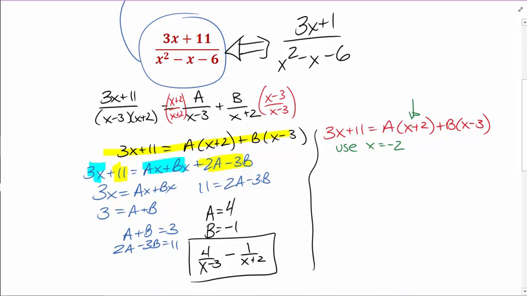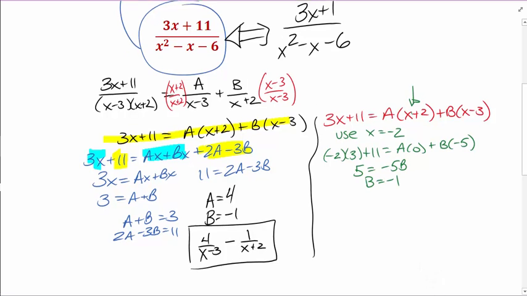When I plug in negative 2, I'll get 3 times negative 2 plus 11 equals a times 0 plus b times negative 5. On the left side, I'll get 5 equals 0 times a plus negative 5b, I'll get a b value of negative 1.